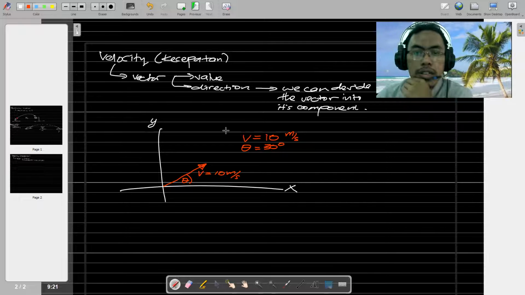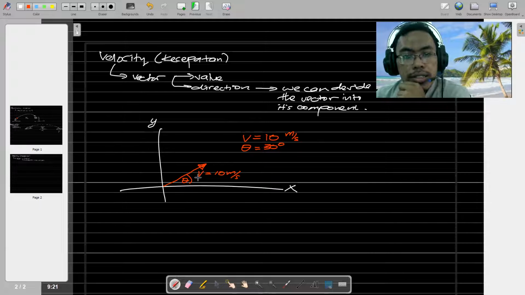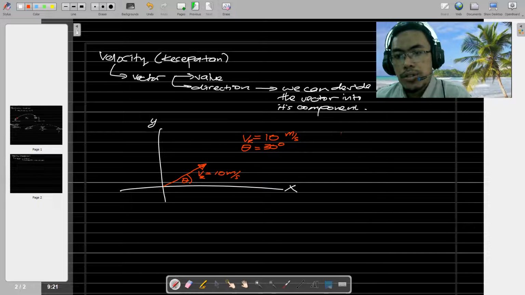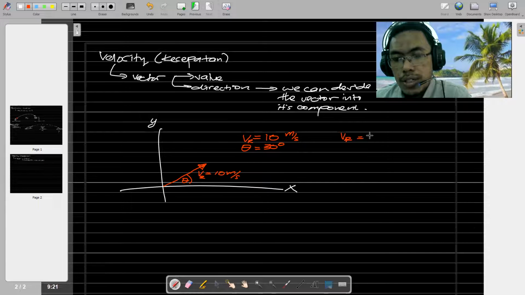Okay. Now this v is what we call VR, which is v resultant. So this one is VR.